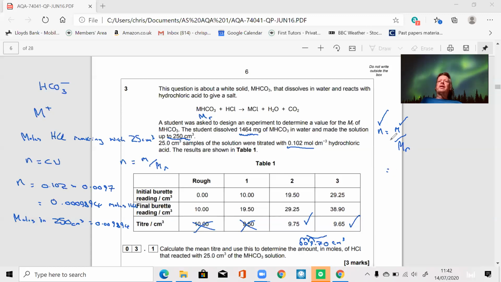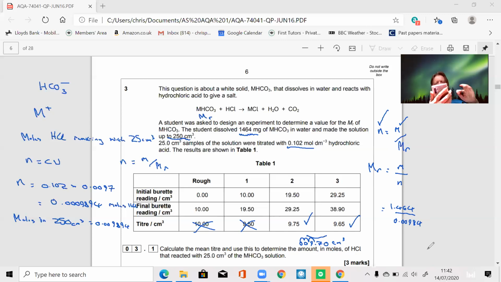But we need to rearrange this as well. So we want MR as the subject. So all you need to do is swap over the MR and the n, effectively. So now we want the mass in grams. So we divide that by 1,000, 1.464, and we put that over 0.00984. Let's work that out then.